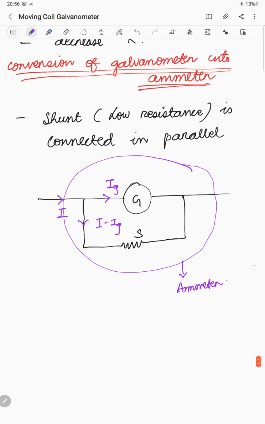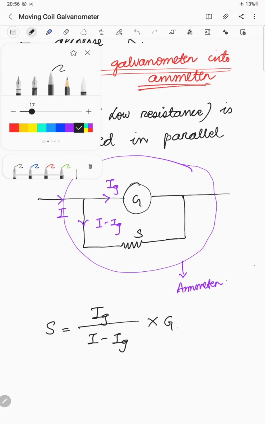Now the next important discussion is, what is the value of S here, the shunt? We can find the value of the shunt by using a formula. S is equal to Ig divided by I minus Ig, into G. So this is the expression by which I can find the shunt resistance.